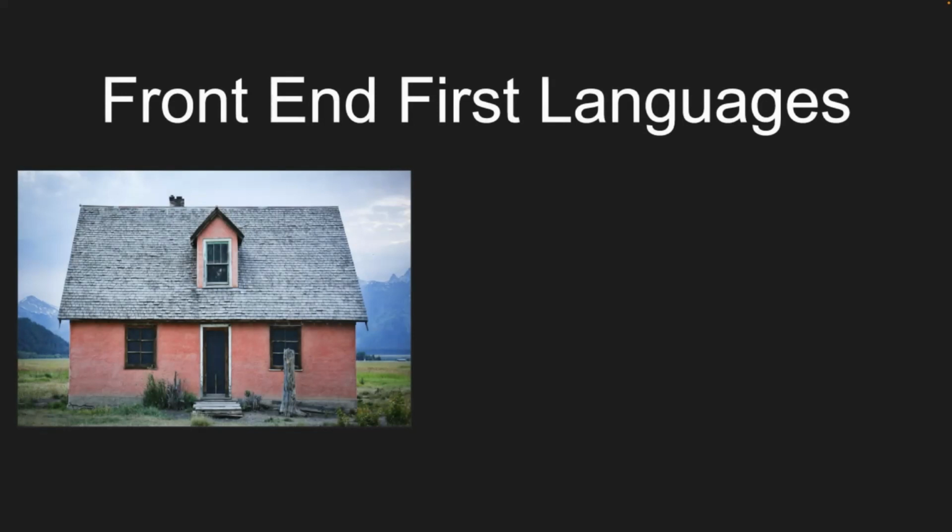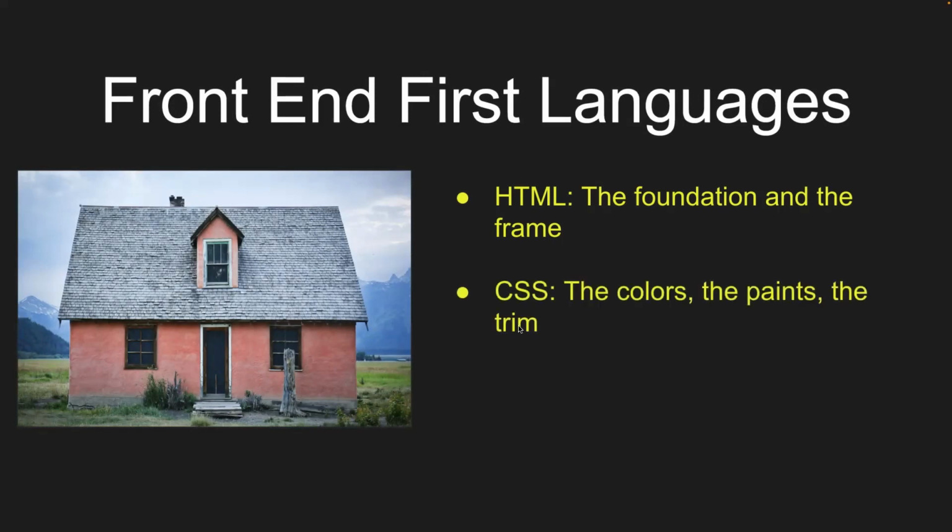Even if you are going to be a back end developer, it's always useful to have a little bit of knowledge of the front end, just so you have an idea of how the web works. It's kind of like your foundation, your fundamentals. So I like to think of the first three languages you're going to learn as kind of like building a house. The first one is HTML, which is like the foundation and the frame of the house. The CSS is like the paint, the trim, the carpet, everything that gives a house some eye appeal.